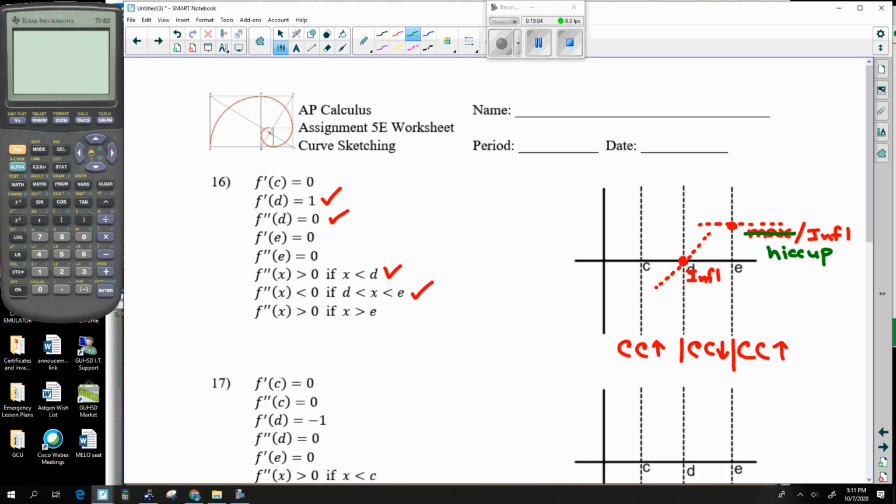It's not a mathematical word. And then at C, we have a horizontal tangent, and that, again, is most likely a minimum. So drawing this picture, right here, we're going to switch to a concave down and a concave up.